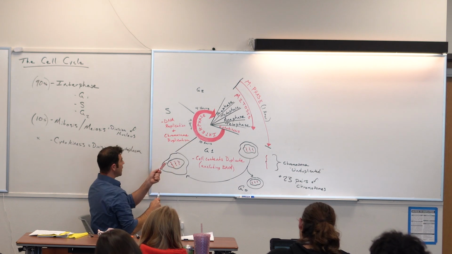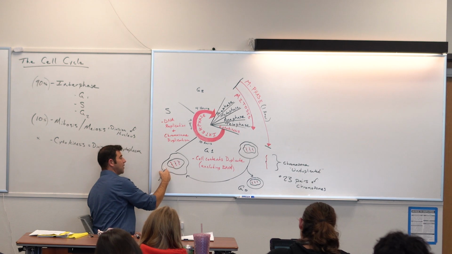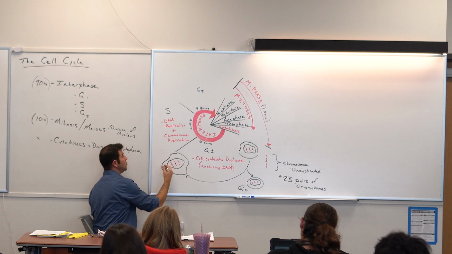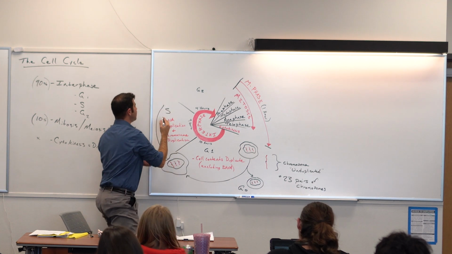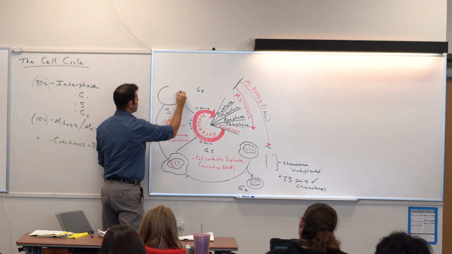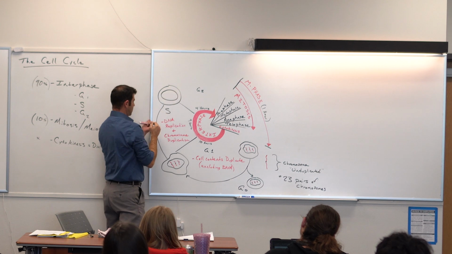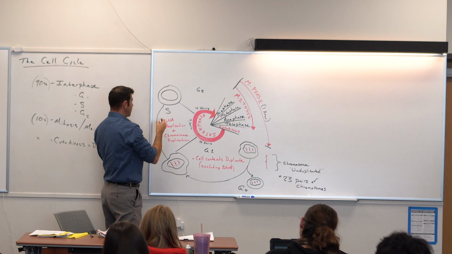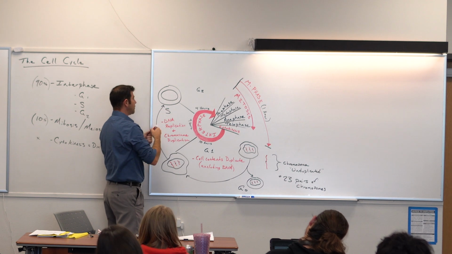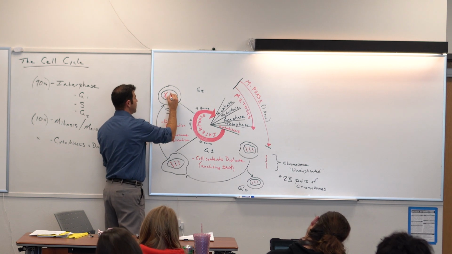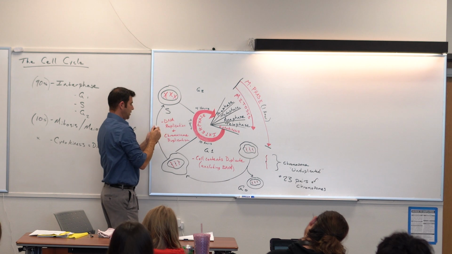We can visualize that by showing the fact that we started with cells that had unduplicated chromosomes. And by the time we get out of this S phase, we're going to be dealing with cells that still have 3 of these chromosomes. But each of these 3 chromosomes are now going to be in this duplicated state.